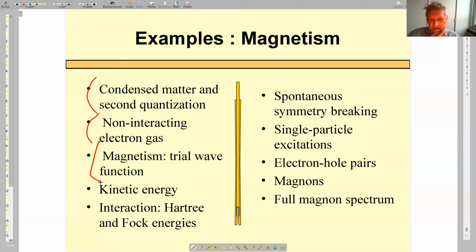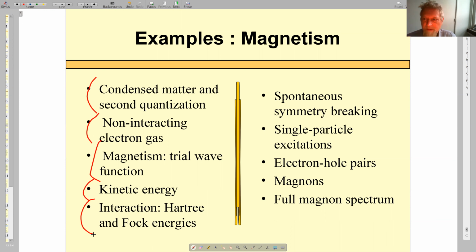Okay, after this, we proceed with calculation, with understanding the magnetic state. We will compute kinetic energy, which is going to be simple. We will address interaction energy, and that will take some story. Also, we will exercise a bit with real computation involving creation and annihilation operators.